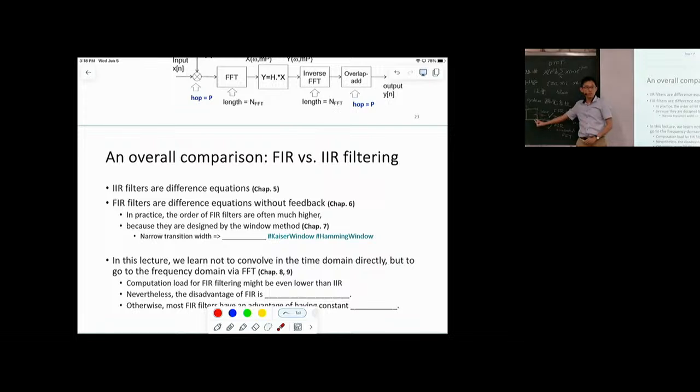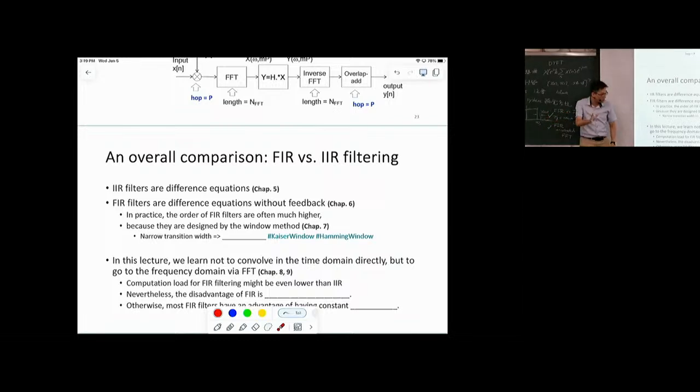So the trade-off is directly related to the duality of the Fourier transform: longer in the time domain, narrower in the frequency domain. Just because of the transition width, the FIR filter order is usually something like 100, 200, even 500, depending on the requirement of transition width.